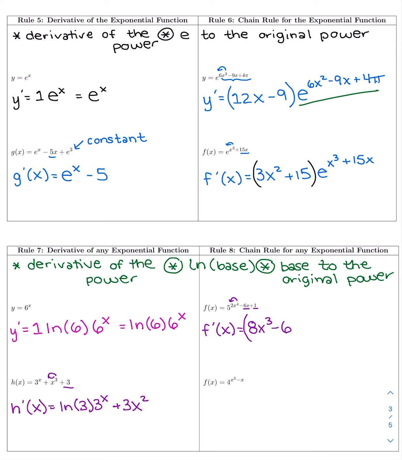We need parentheses around our whole derivative of the power, because that whole thing is going to be multiplied by ln of our base. Here our base is 5 being raised to a power. And then all of these exponentials end with rewriting the original function, essentially. So we're going to have 5 to our original power, 2x to the fourth minus 6x plus 1.